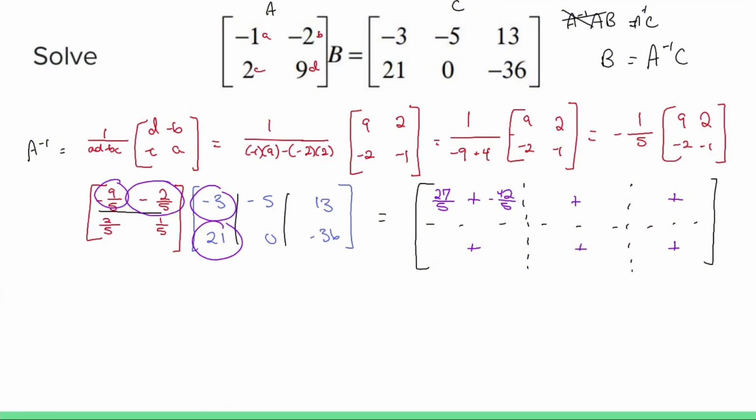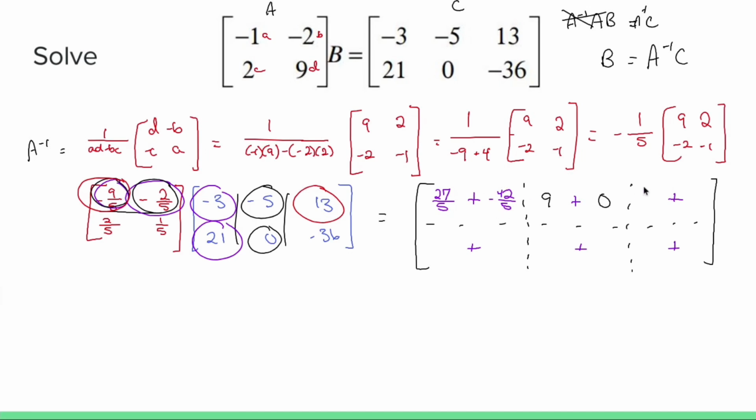All right, let's do it again. Negative 9 over 5 times negative 5. Oh, okay, so 9. I can handle that. And negative 2 over 5 times 0 is 0. That's nice. Isn't that precious? All right. Negative 9 over 5 times 13 is going to be negative 117 over 5.